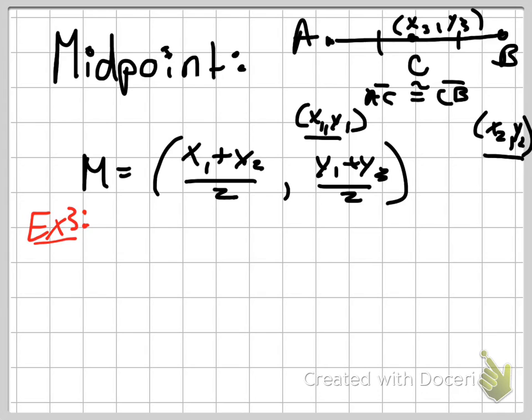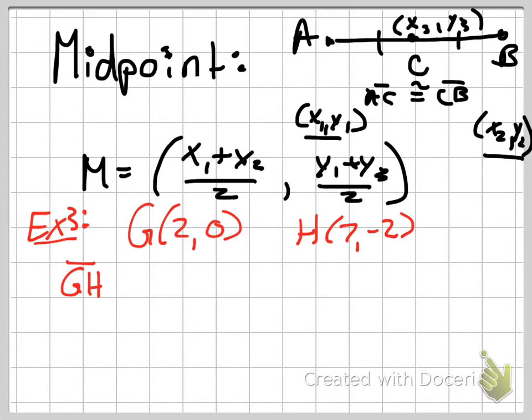we have G at 2, 0, and we have H at 7, negative 2. We want to find the midpoint of segment GH. We're going to use our midpoint formula right up here.